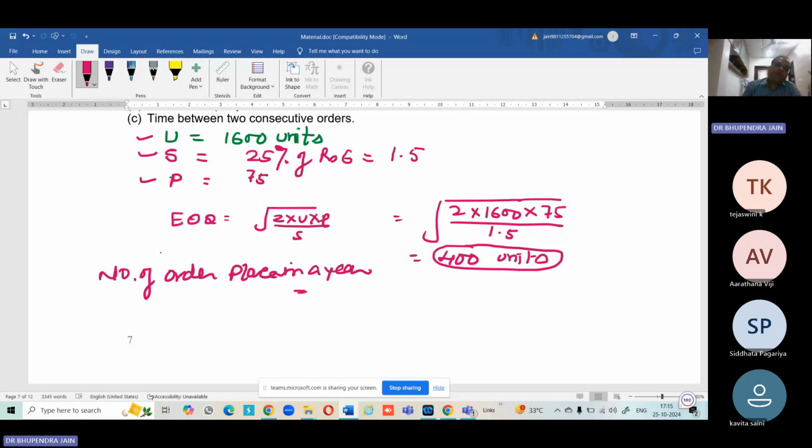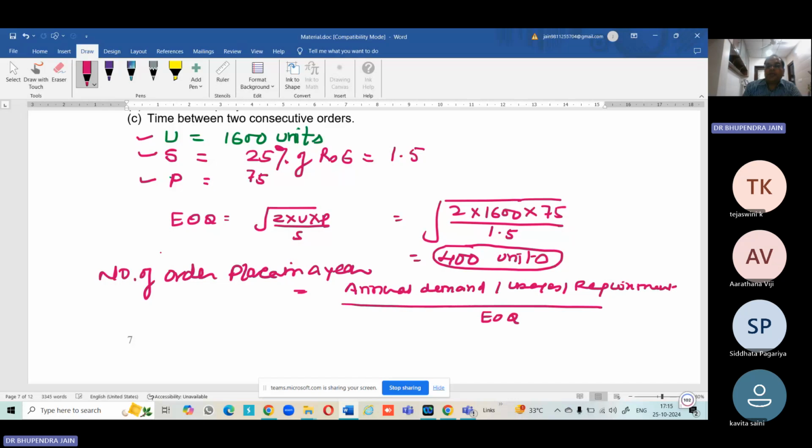So what will be the formula? The formula will be annual demand, annual usage, annual requirement, divided by economic order quantity. So the formula is U divided by economic order quantity.